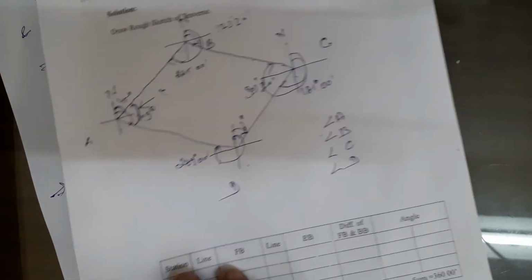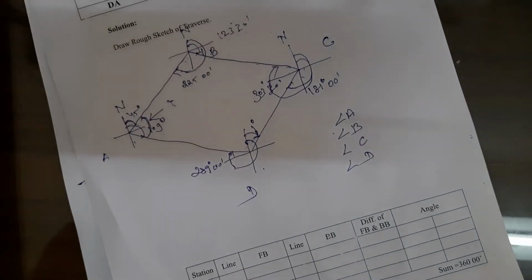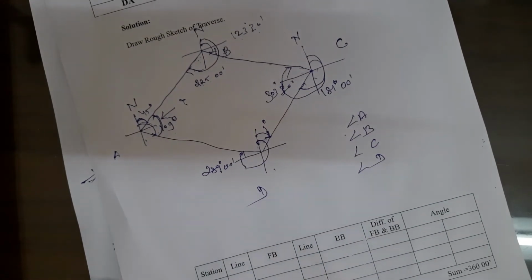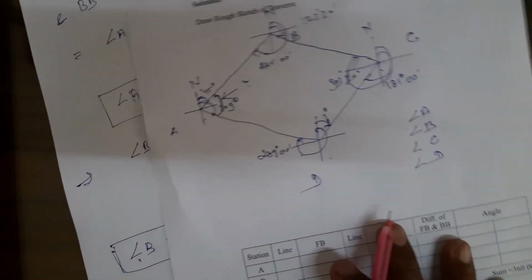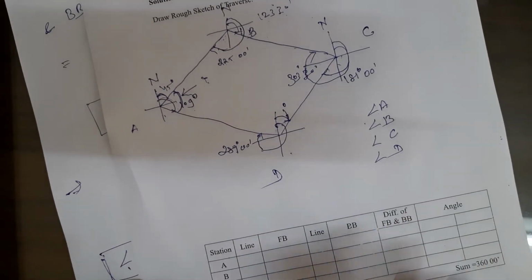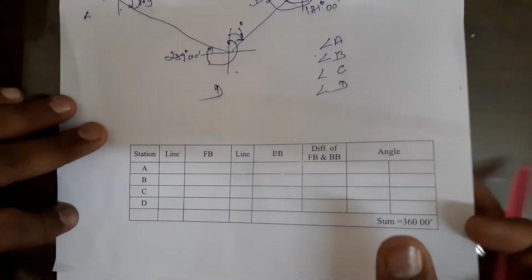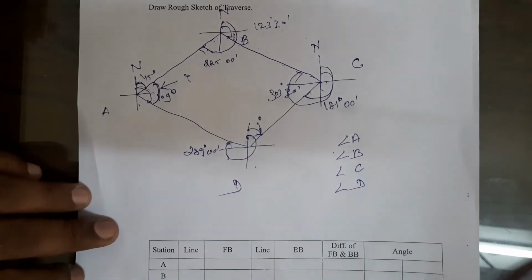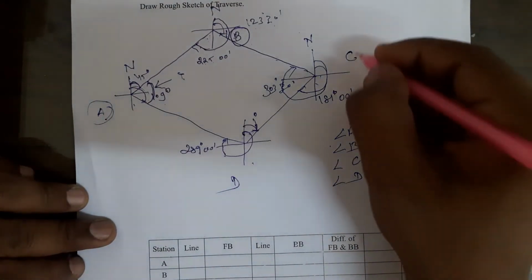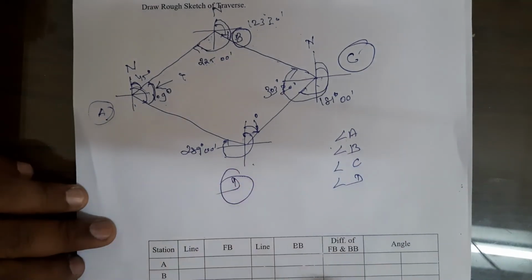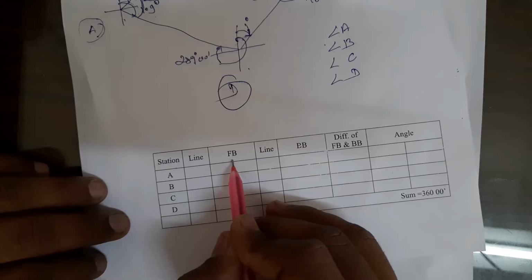Now, from the above figure, there are station A, station B, station C and station D. We put them here.